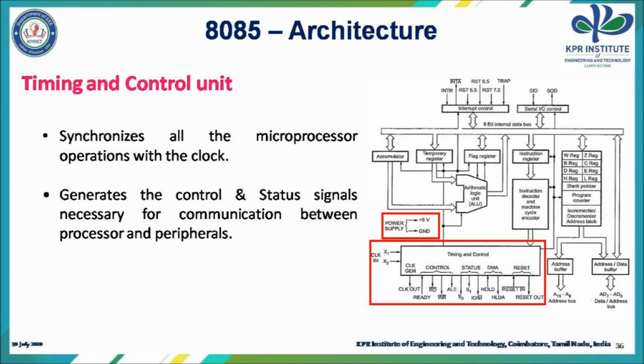A few signals of the timing and control unit are X1, X2, clock out, ready, read bar, write bar, ALE, and the bus status pins S0, S1, IO by M bar, then DMA transfer pins, hold and hold acknowledge, then reset pins, reset in bar and reset out bar. This timing and control unit receives the details from the instruction decoder and generates the signals accordingly.